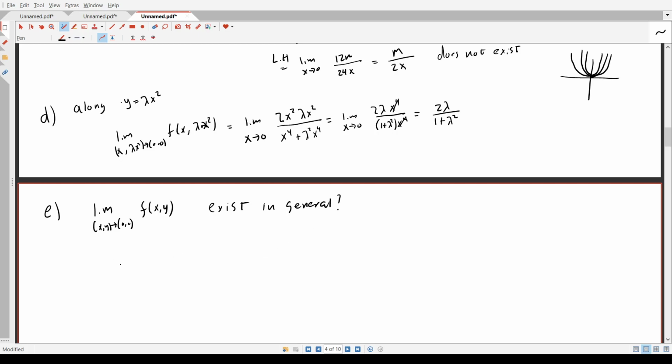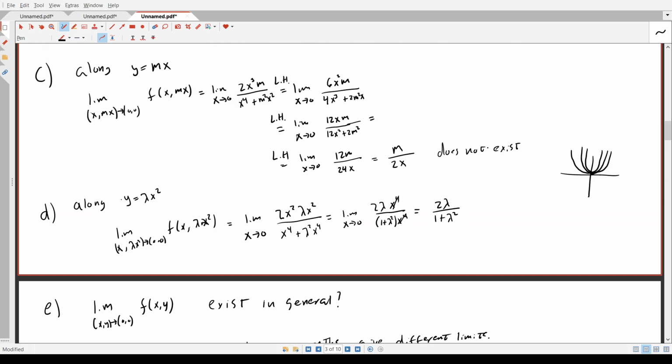The answer is no, because different paths give different limits. And when I say path, I mean the direction in which we approach the origin. So if we go in along this way, we get something different than if we pick any one of those.